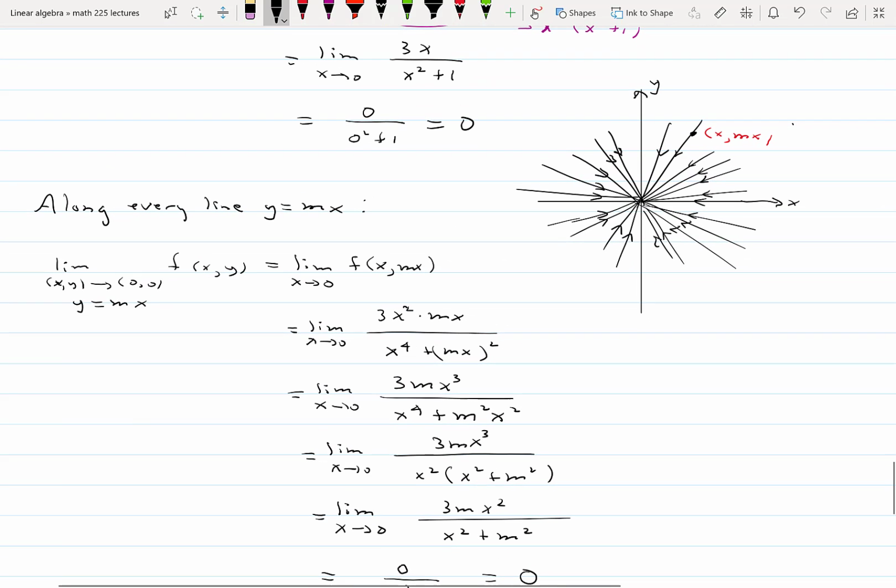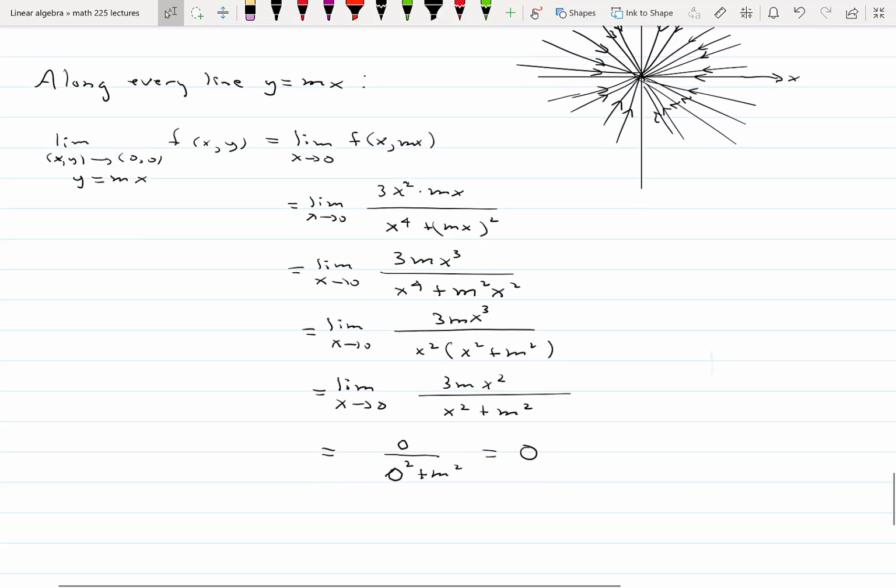There is no other line left along which I can approach 0. I've drawn a few of them, maybe 8 or 10 or 12 of them, but they really fill up the xy plane. Is there any other way we can approach the origin? Yes.